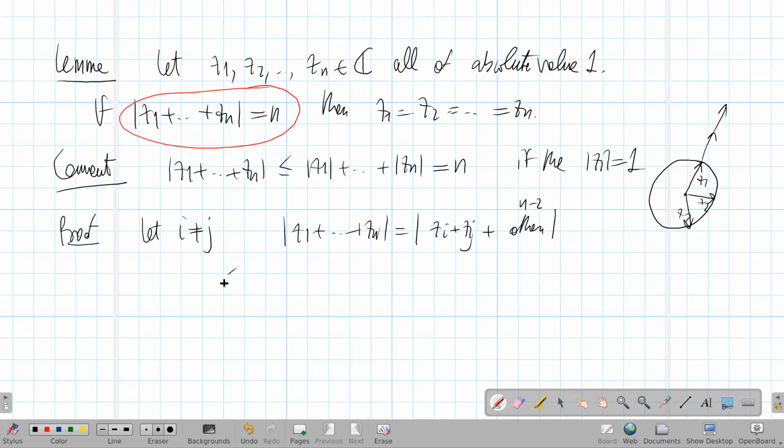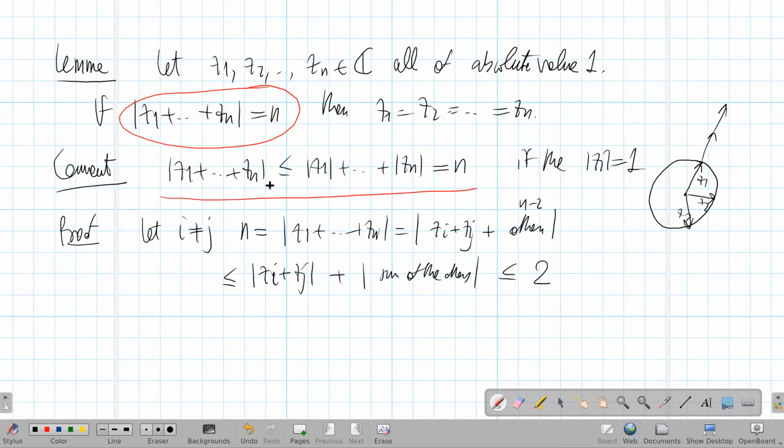So the triangle inequality tells you that this is less than or equal to the absolute value of zi plus zj, plus the absolute value of the sum of the others.